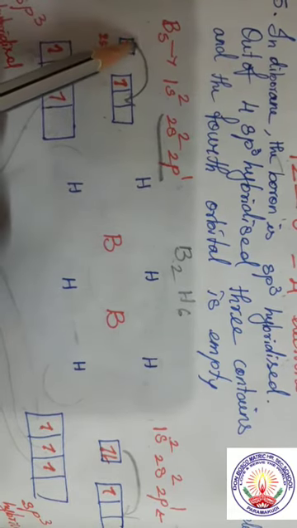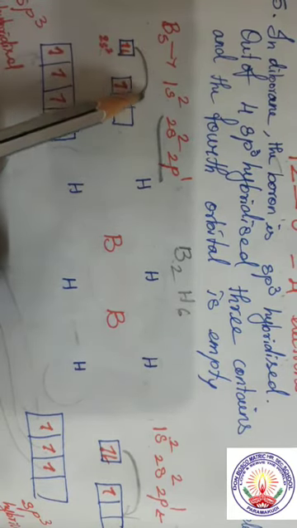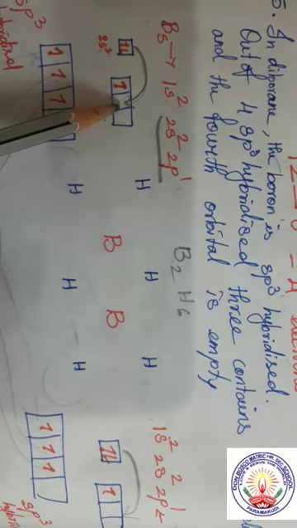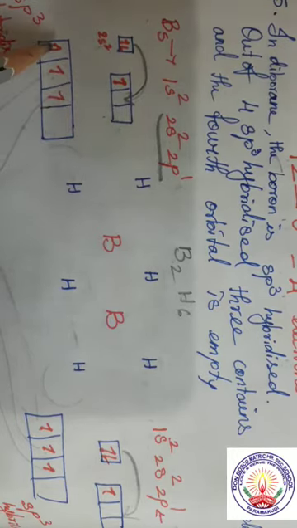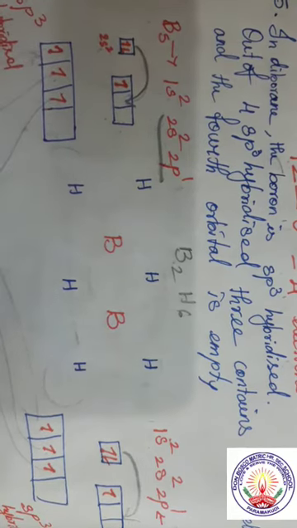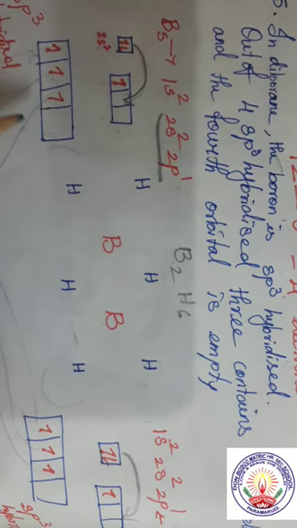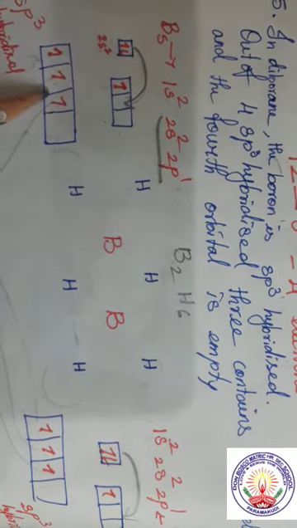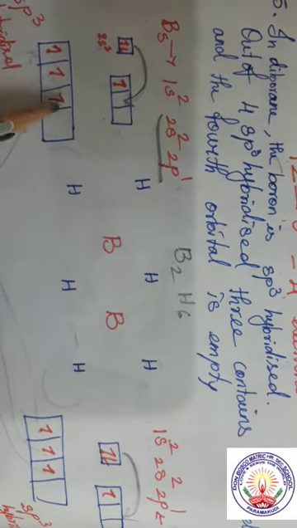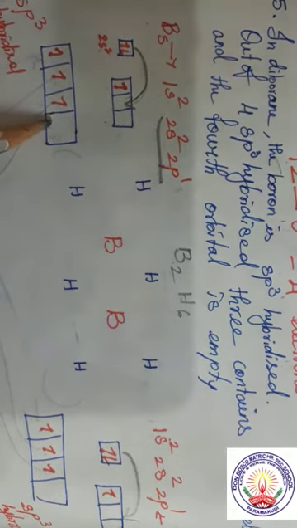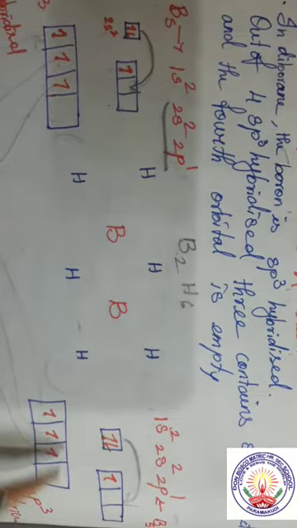During excitation, 1 s electron is excited to the p orbital. Therefore we get 3 half-filled sp3 hybrid orbitals, and the fourth one is empty. This side also is the same.